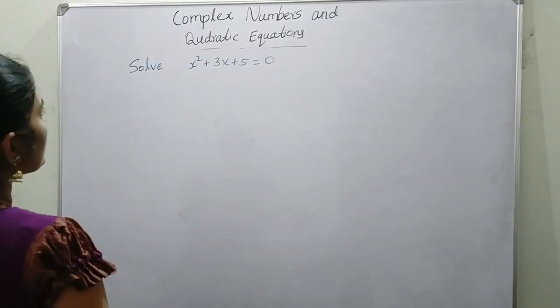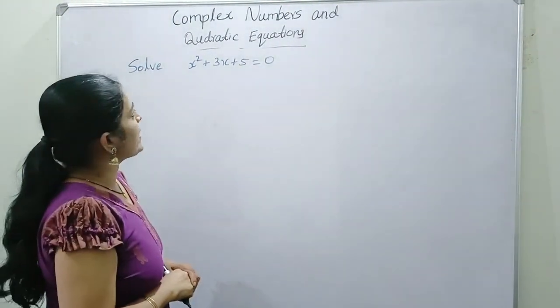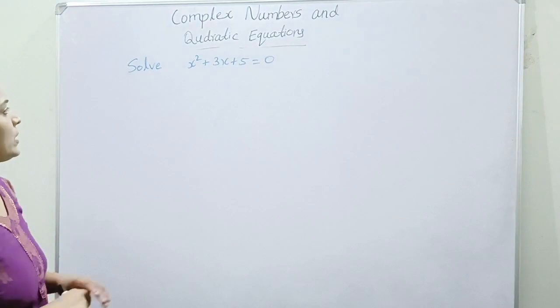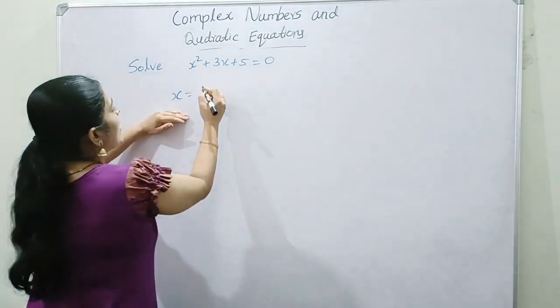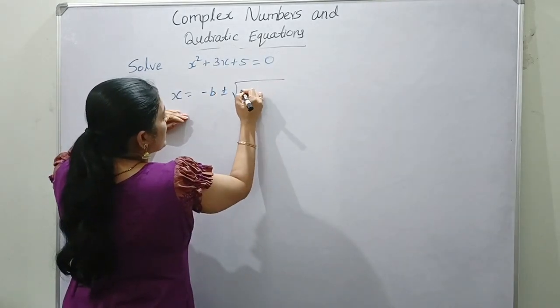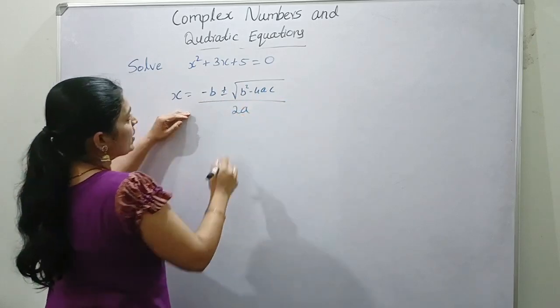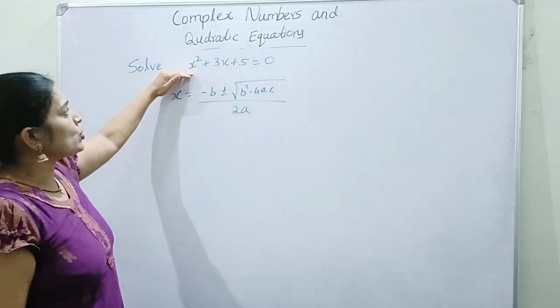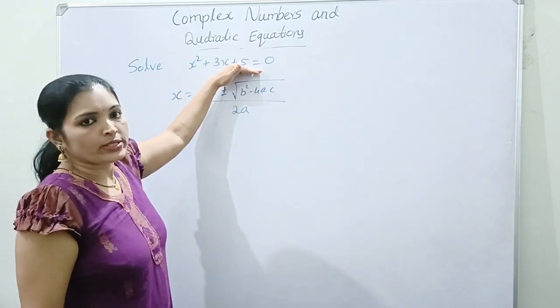Now let us solve some quadratic equations. First one, x square plus 3x plus 5 is equal to 0. Here x is equal to, apply the formula, minus b plus or minus square root of b square minus 4ac, divided by 2a. a is the coefficient of x square, b is the coefficient of x, c is the constant term.